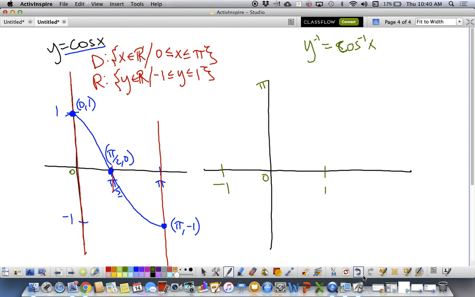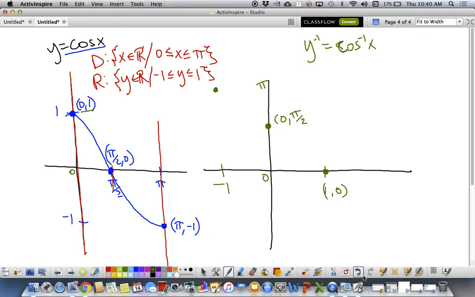Okay, so have you graphed 1, 0; 0, pi over 2; and -1, pi? Is this what your graph looks like? So you went from 0, 1 to 1, 0. You went from pi over 2, 0 to 0, pi over 2.